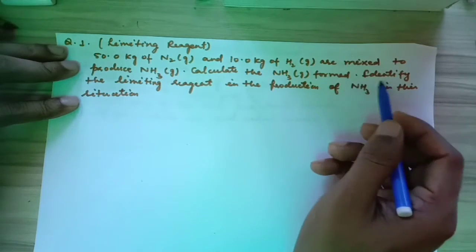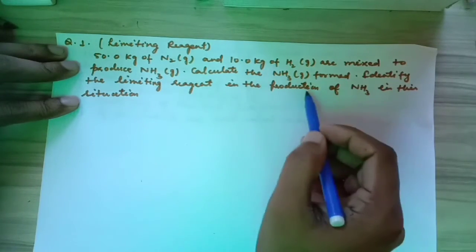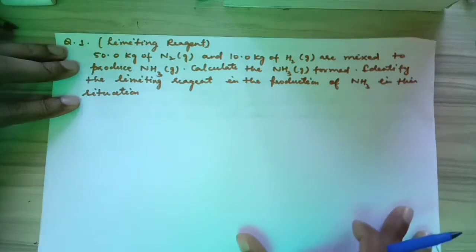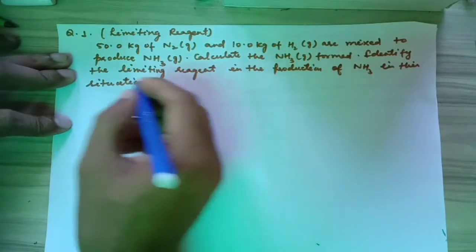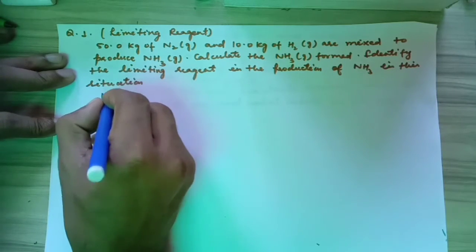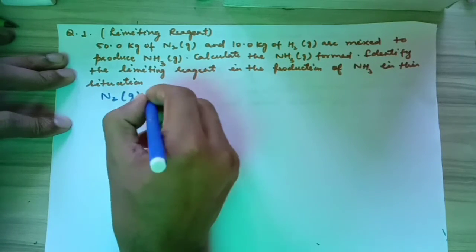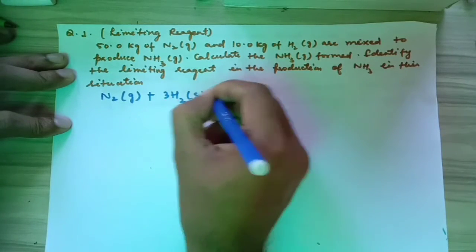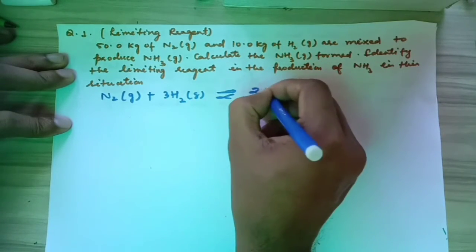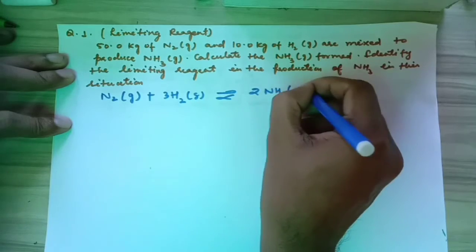Calculate the NH3 formed. Identify the limiting reagent in the production of NH3 in this situation. So we just have to write the equation. N2 reacts with 3 moles of hydrogen gas to give 2 moles of ammonia gas.